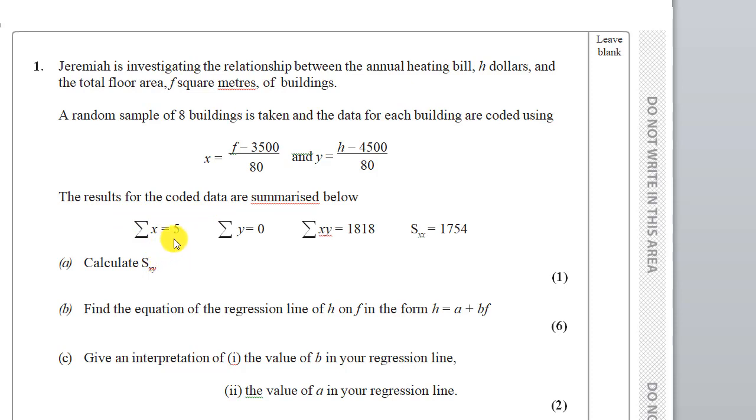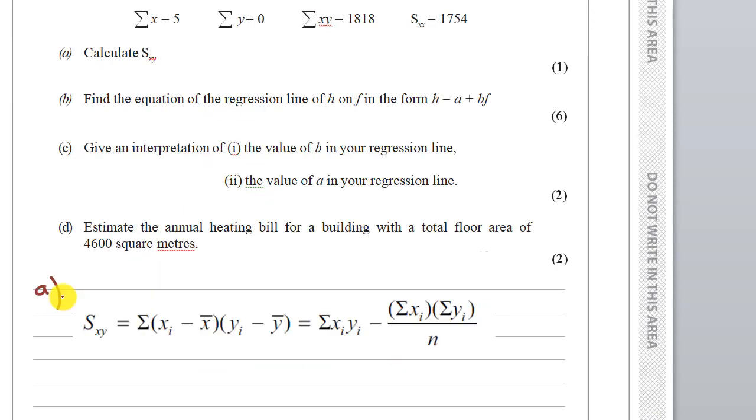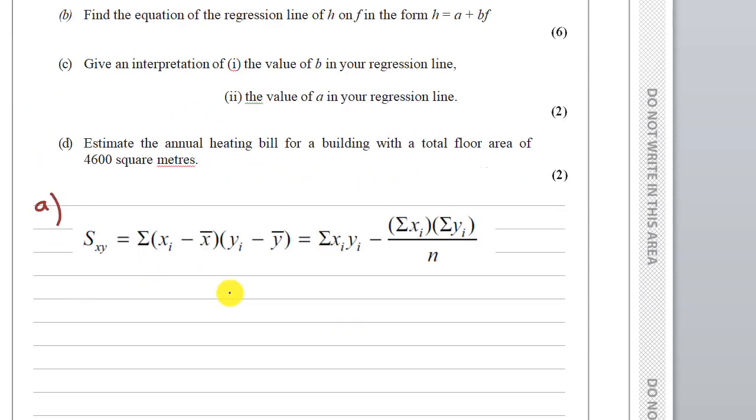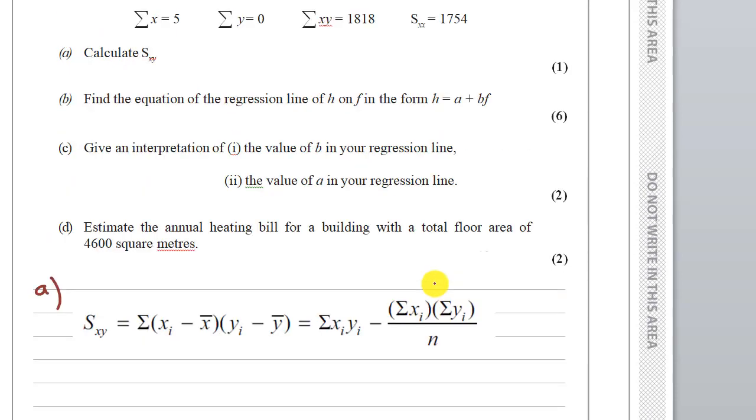Summation of x is equal to 5, summation of y is equal to 0, summation of xy is equal to 1,818, and sxx is equal to 1,754. Calculate sxy. From the formula sheet, sxy is equal to summation of xy minus summation of x multiplied by summation of y divided by n.